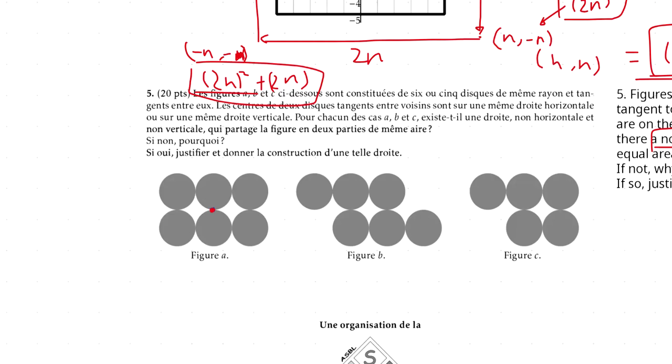So any line through this center will divide the figure into halves. And these two halves are congruent, meaning the area will be the same, equal area, right? So the answer for figure A is yes, possible. And there are an infinite number of lines like this, okay?